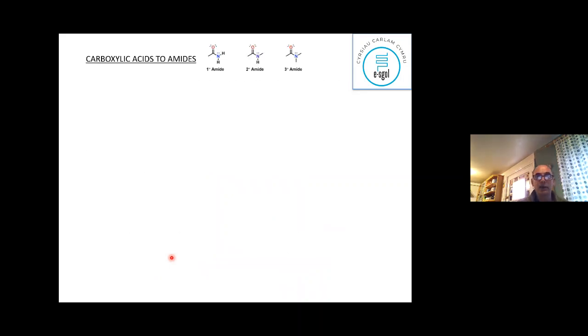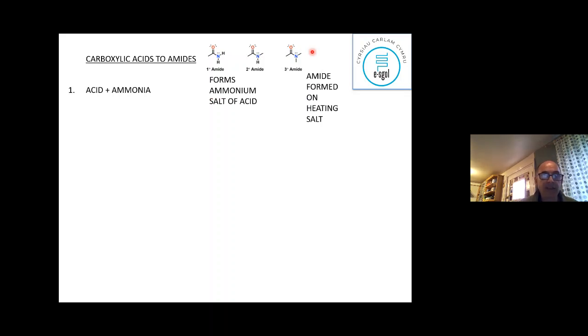Carboxylic acids to amides. We have primary amides where you have two hydrogens attached to the nitrogen, secondary amides where you have one hydrogen, and tertiary amides, where there are no hydrogens attached to the nitrogen atom. You have R groups, alkyl or aryl groups, attached. How do we form amides?